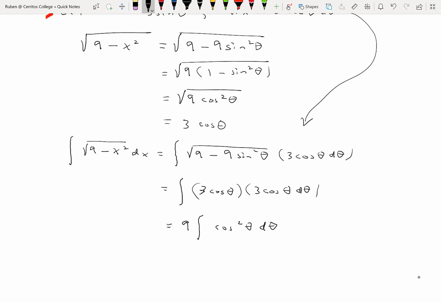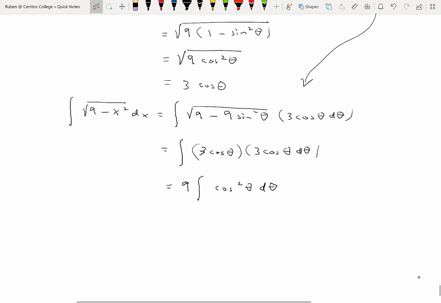And this puts us squarely in section 7.2. In section 7.2, we look at powers of trig functions, and this is the case where we're dealing with even powers of sines and cosines.